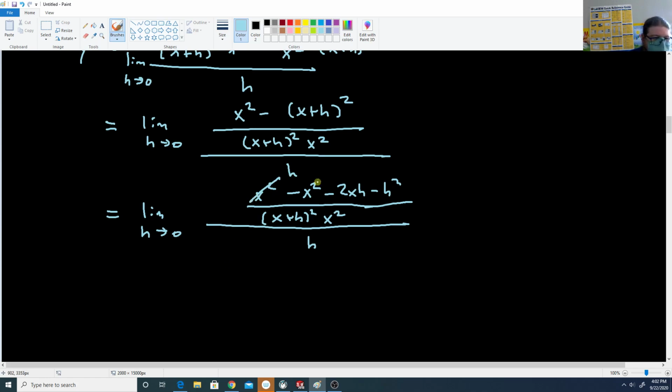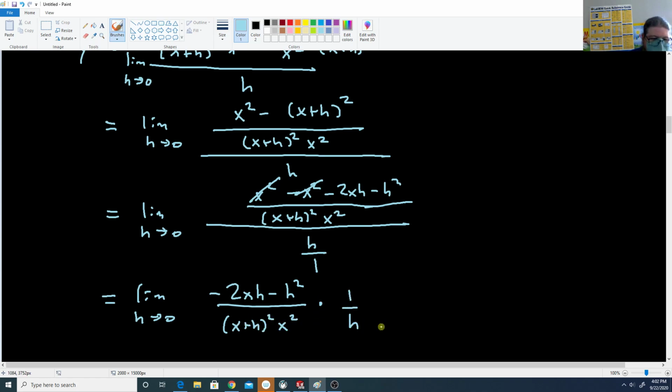Okay, well, x squared and negative x squared cancel. So this leftover part here is my top. I'm going to view this as h over 1 and do keep, change, flip. So we have negative 2xh minus h squared, all that over x plus h squared times x squared, all that times 1 over h.